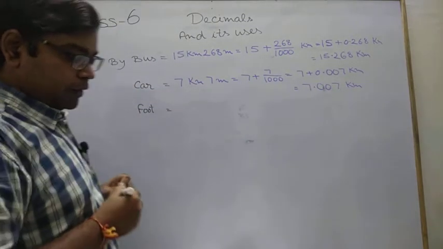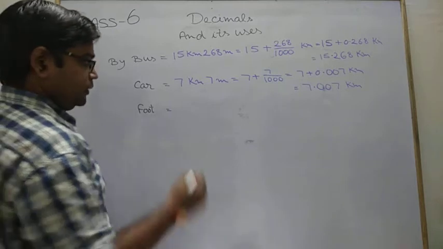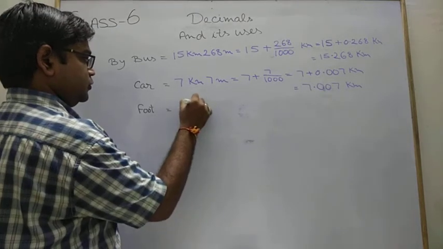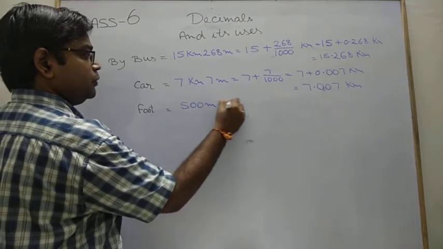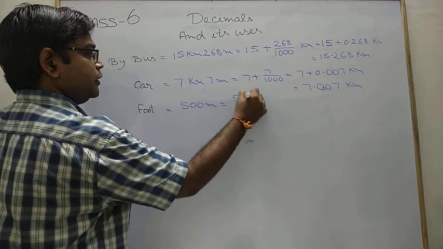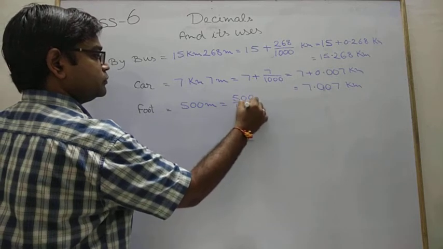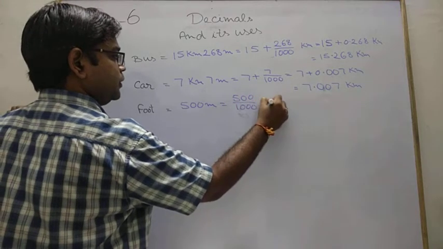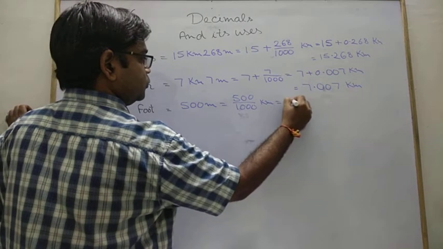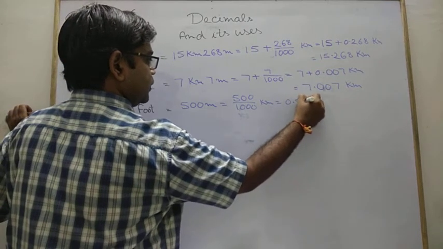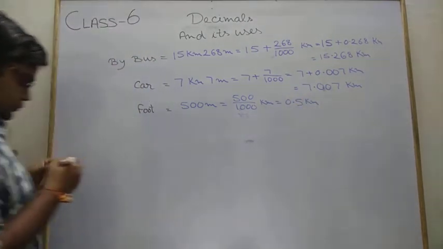On foot she traveled 500 meter. We have to convert this into kilometer also. 500 by 1000 kilometer is 0.5 kilometer.